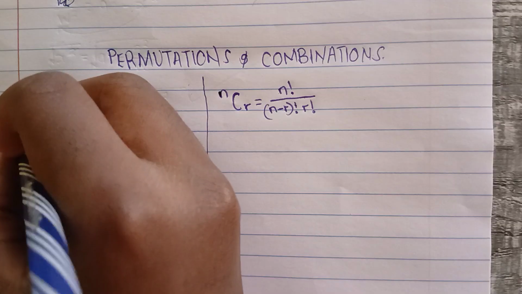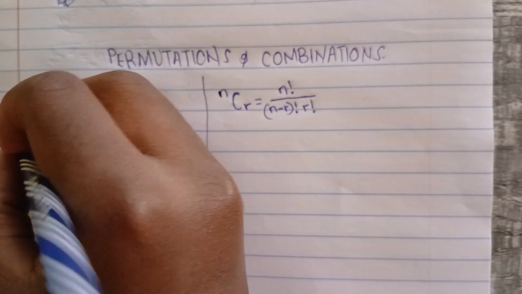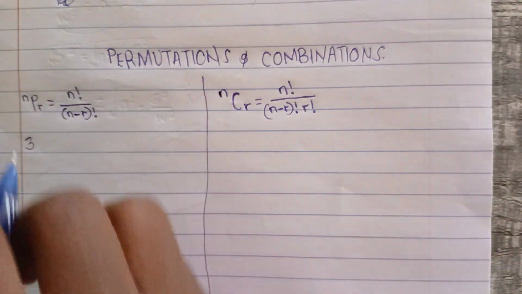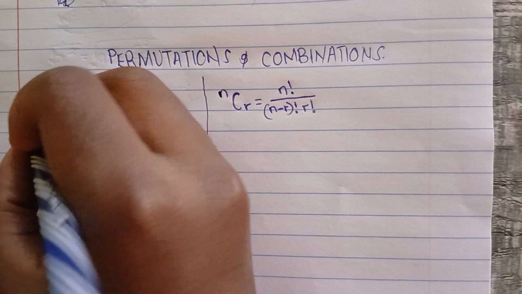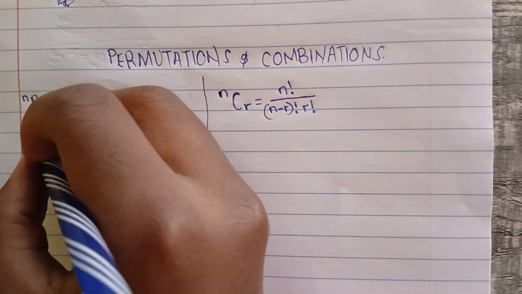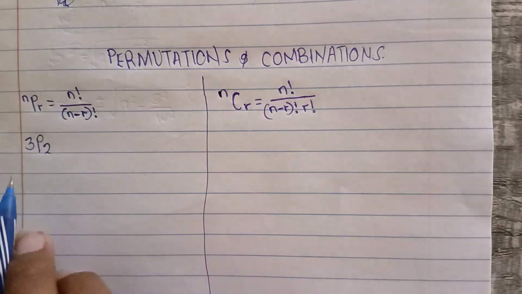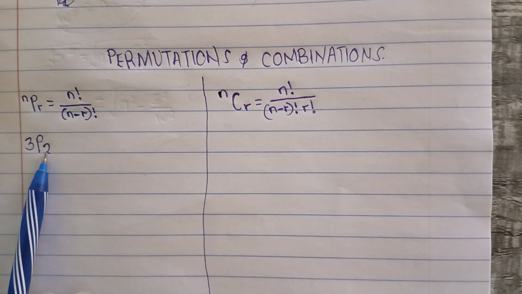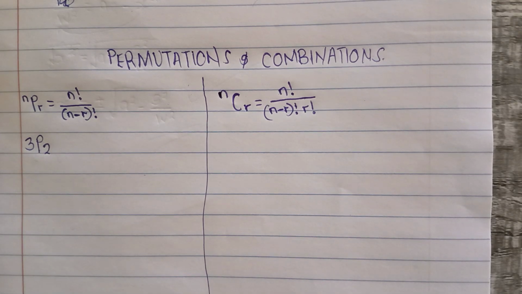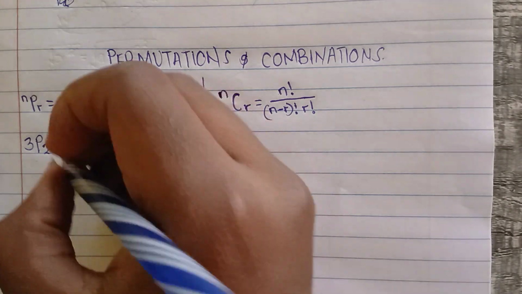So, if you have something like, let's say, 3P2. You have 3 things and you're picking 2 at a time. So you ask yourself, how many permutations can occur?